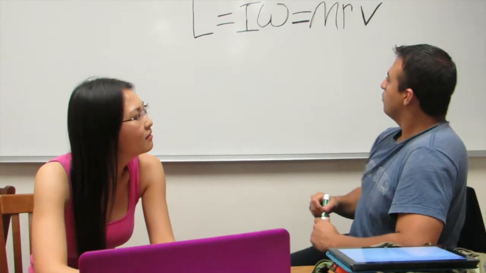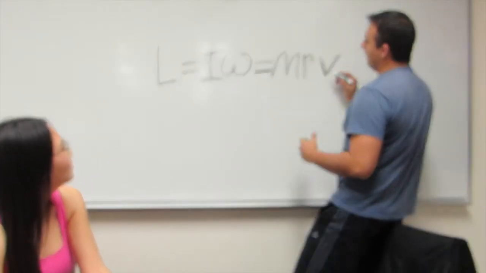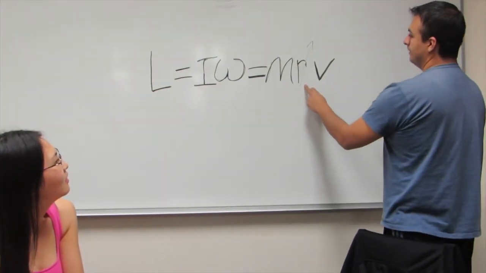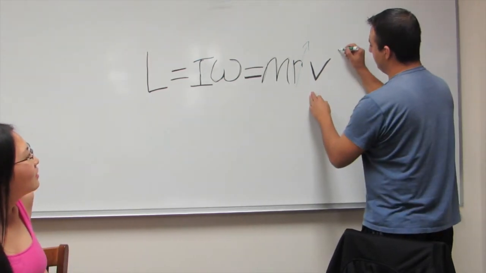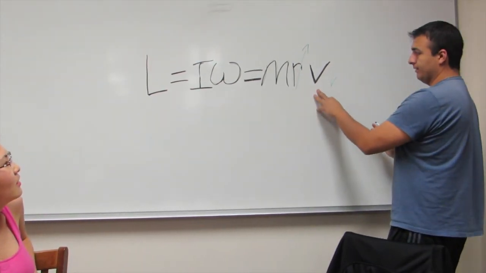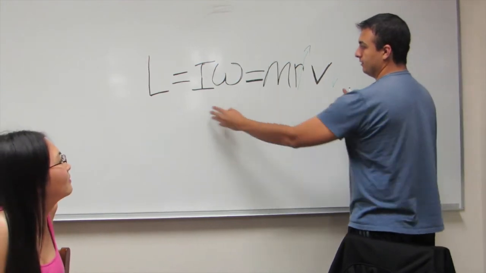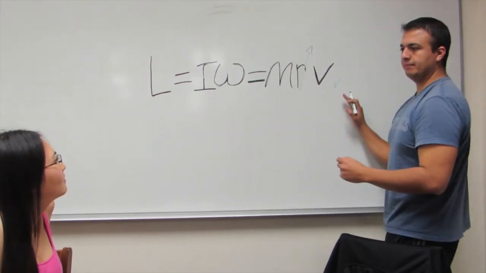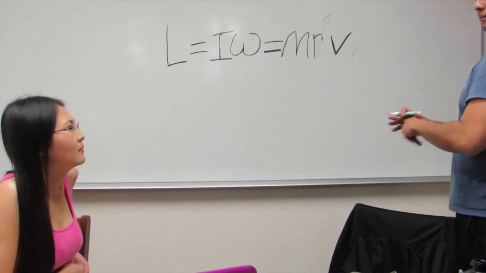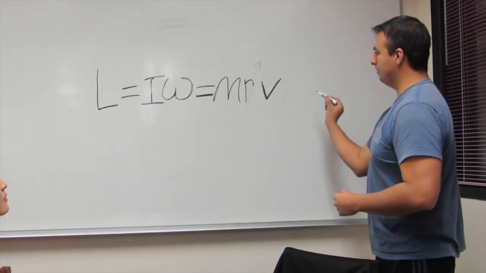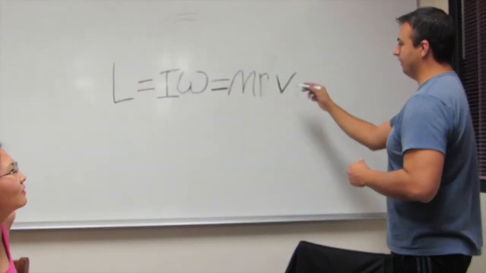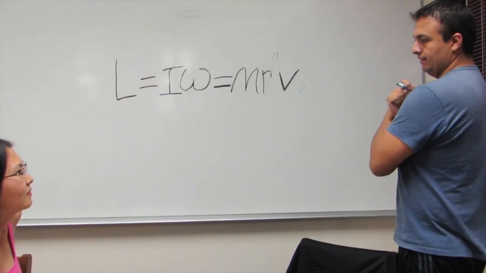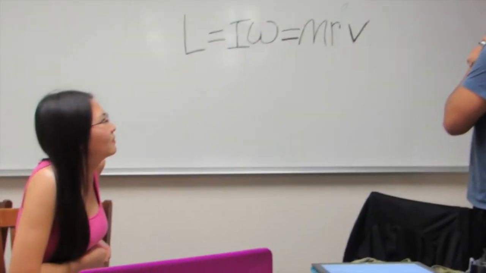So, what you're trying to tell me is that if I increase my radius, and since momentum's conserved, I would have to decrease my velocity to compensate and conserve momentum, right? So that's why when you increase the radius, you go much slower than you would if you put your arms together in your chest.